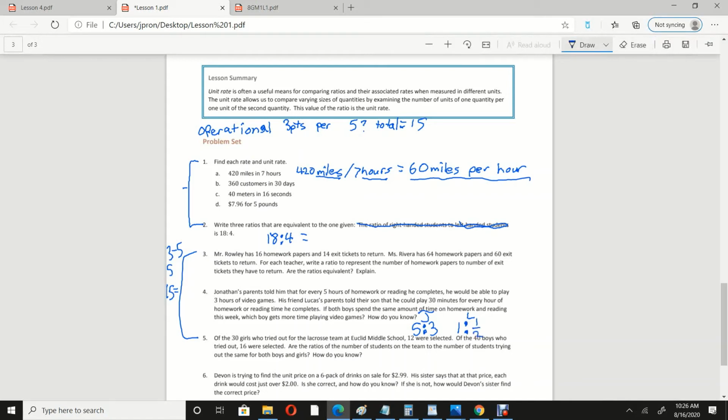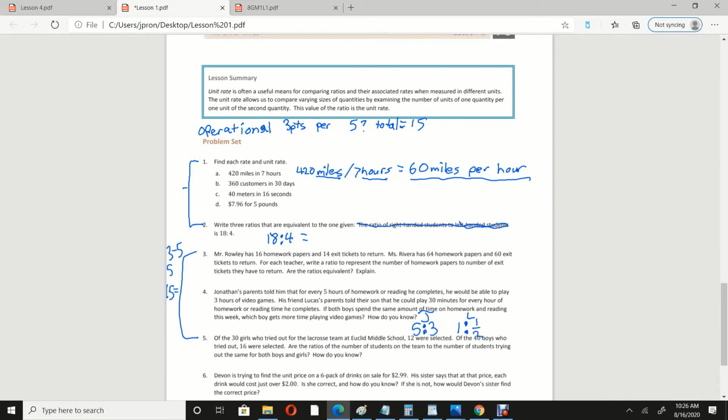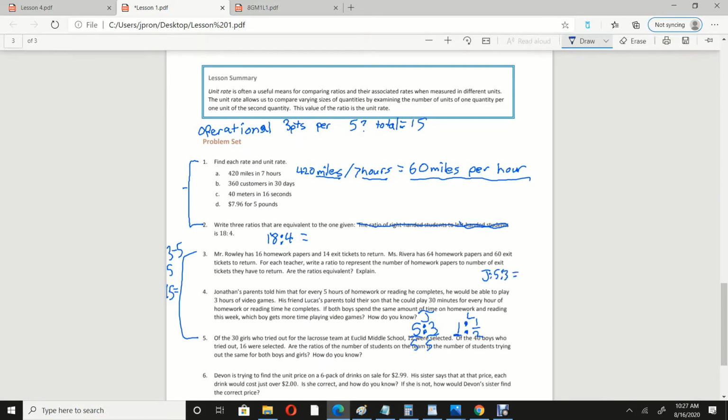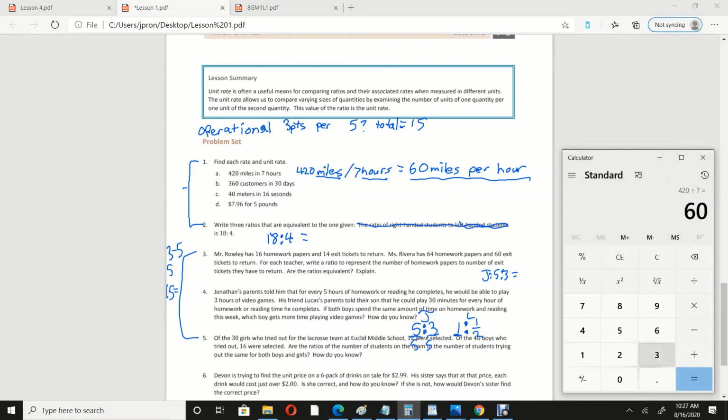All right, so we want a unit rate for each one of these. And now look, we do have a unit rate for Lucas over here. So for every hour of work Lucas does, he gets a half hour of video game play. So we could just divide both of these parts over here by 5, and that would be reasonable. So Jonathan, 5 to 3 equals, and you're going to do your long division, so we're going to divide 3 by 5.